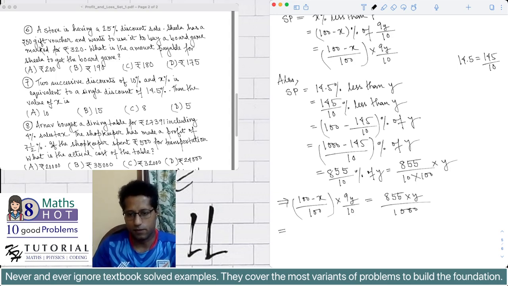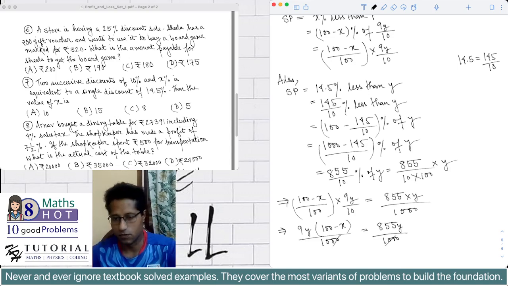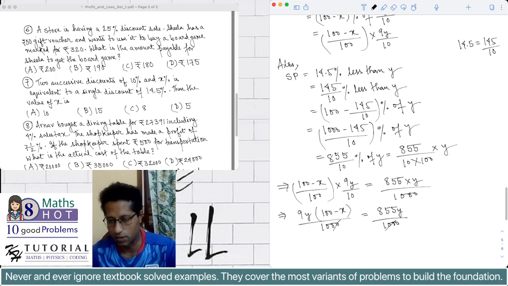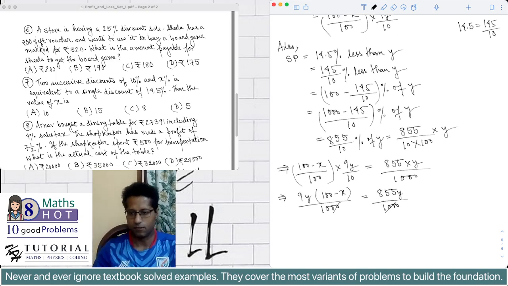This implies that if we do a little bit of simplification, the left hand side becomes 9y multiplied by 100 minus x divided by 1000 is equal to 855 y by 1000. We can cancel 1 by 1000 from both the sides, or in other words, we can multiply both the sides of the equation by 1000 and it will get cancelled out. We can also cancel y.